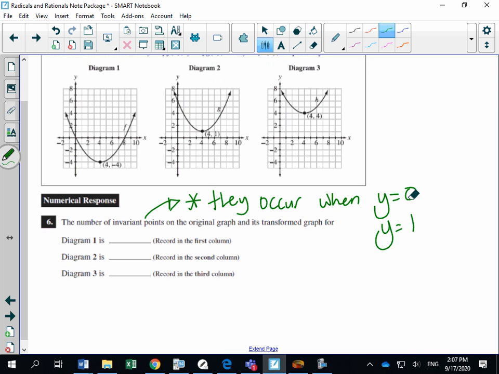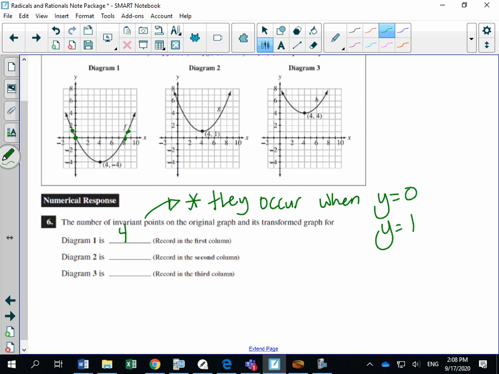So I need to look for where y is 0. So this is going to be an invariant point, and that's going to be an invariant point. Now I have to go to my original graph: where is y 1? That's going to be an invariant point, and that's going to be an invariant point. So the number of invariant points on the original and the transformed graph for this diagram, there are 4 invariant points.